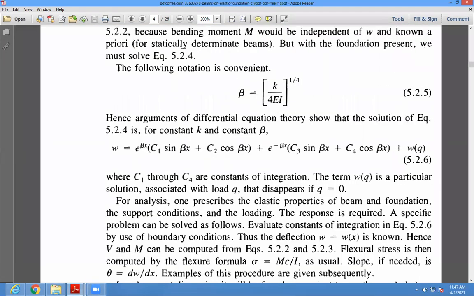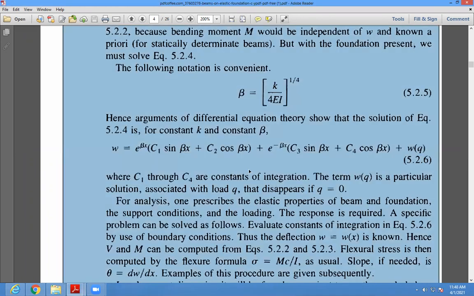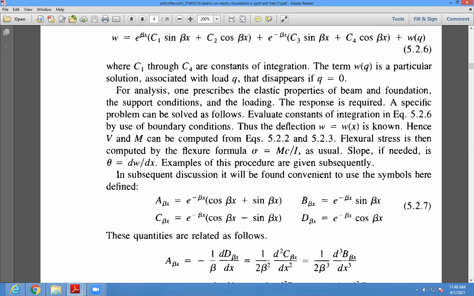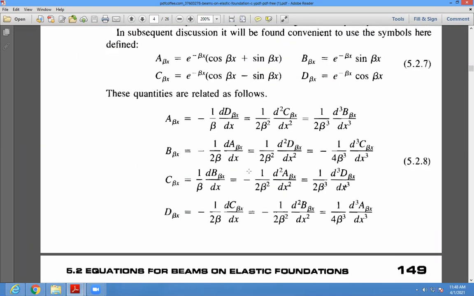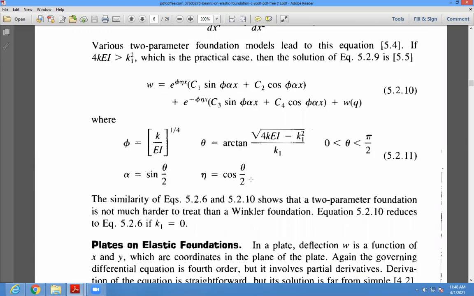Then again, we have to use the equation of deflection for finding the values of C3 and C4.